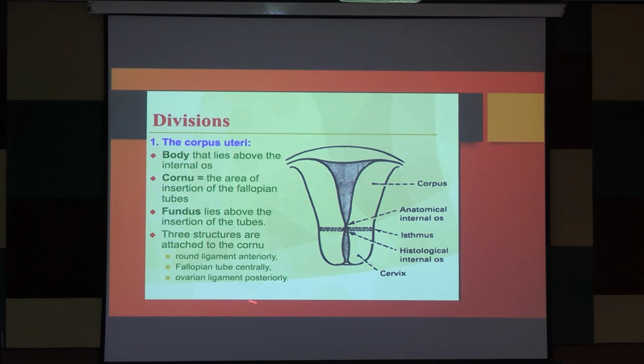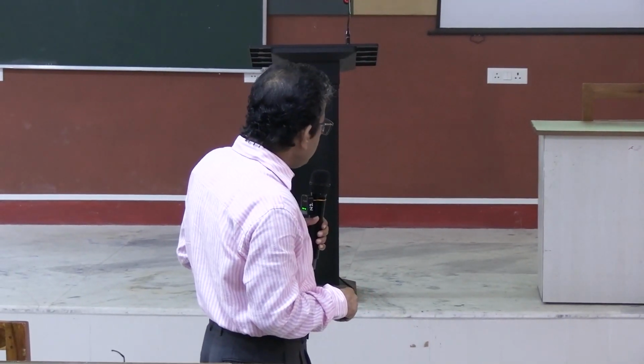This part enlarges up to 4 centimeter during pregnancy, and that forms the lower uterine segment. The lower uterine segment, you know, there is a term during cesarean section, we call it LSCS, lower segment cesarean section, because the cesarean section is done at this portion, not through the 0.5 centimeter, but this becomes 4 centimeter during pregnancy because of the enlargement of the uterus. So the isthmus is also enlarged.